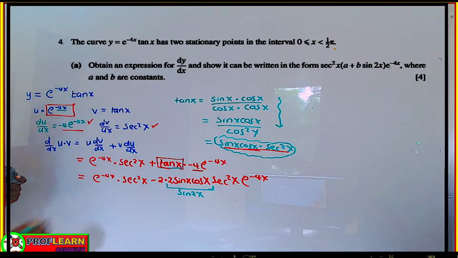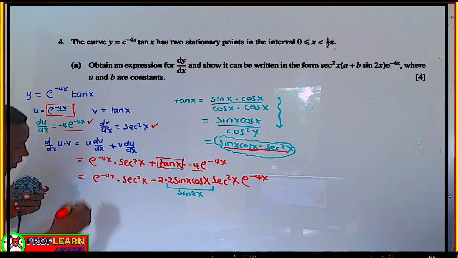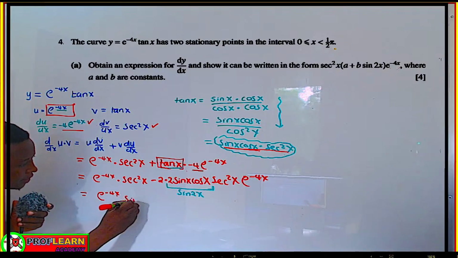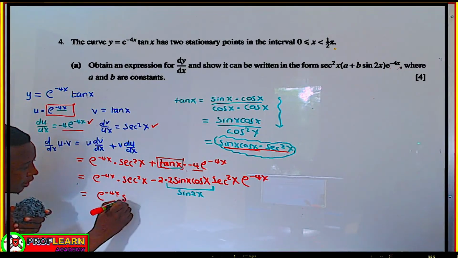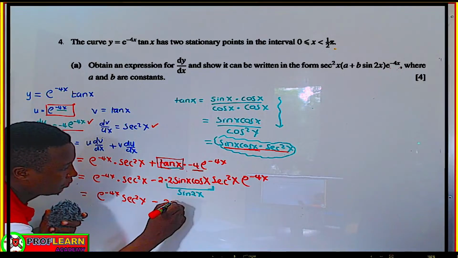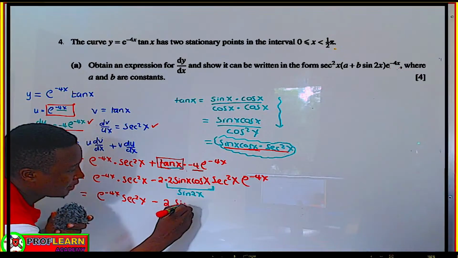So our equation therefore can be given as exponent minus 4x, sec squared x minus 2 sine 2x.